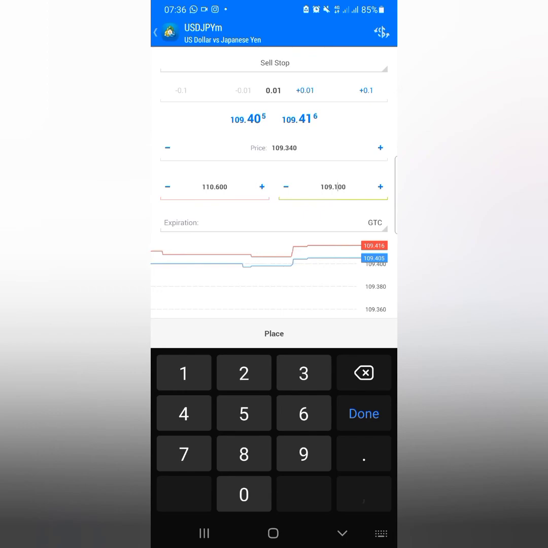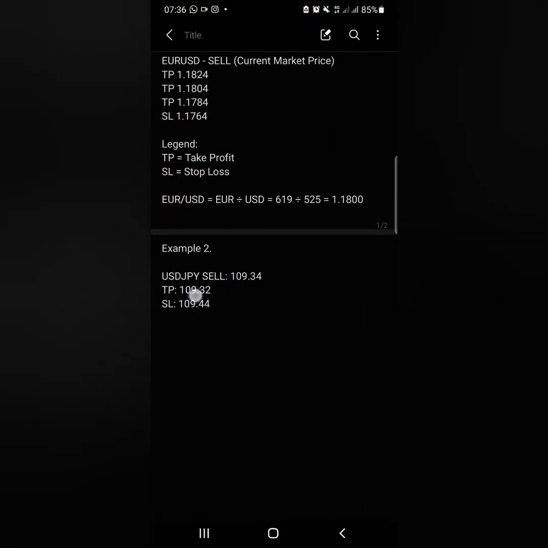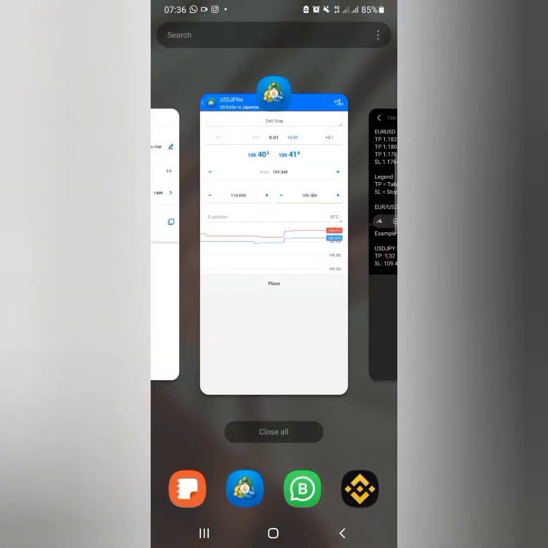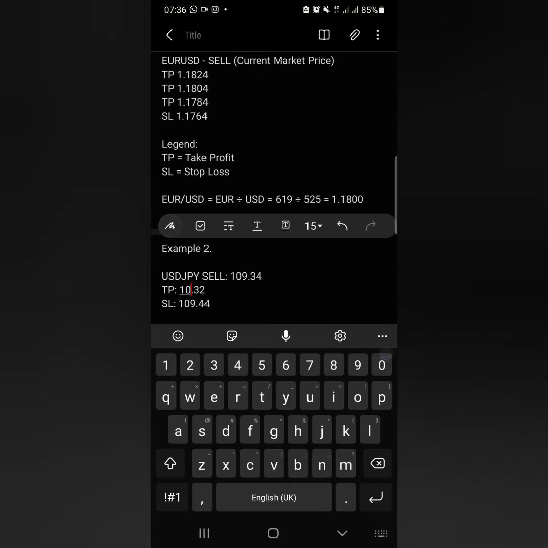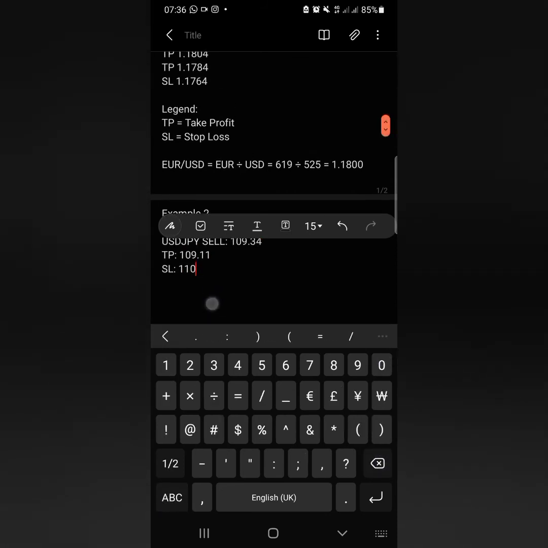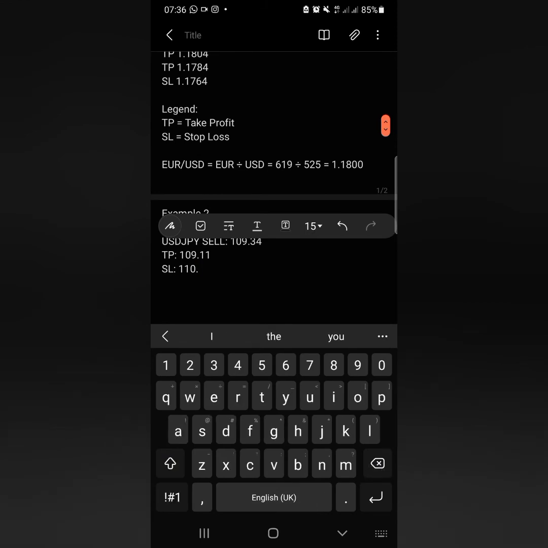So the signal can also be like this, 109.11. This is just an example, right? It's just for the sake of the example. 0.60.